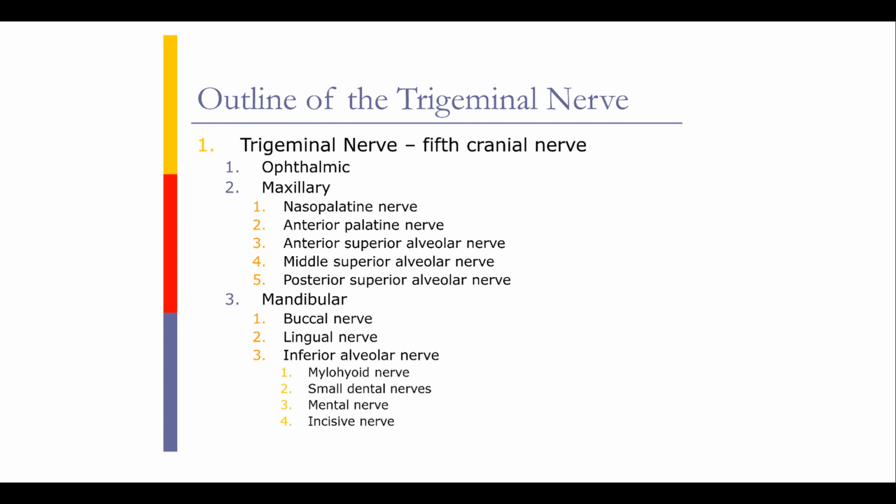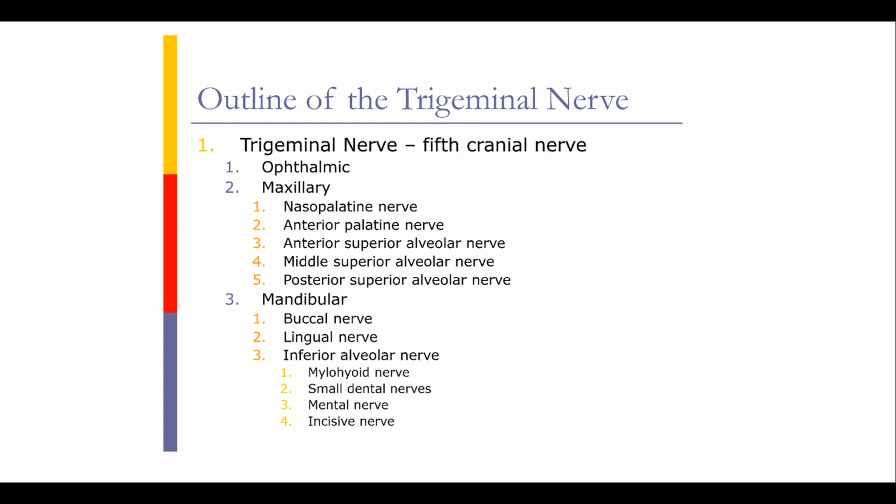Off of the trigeminal nerve, there are 3 main branches: the ophthalmic that goes to the eyes, nose, and forehead, and that's the only thing we need to know about that one. The maxillary that has 5 divisions, 2 that go to the roof of the mouth and 3 that go to the teeth. The 2 that go to the roof of the mouth, the nasopalatine and anterior palatine, and the 3 that go to the teeth, which you already learned, anterior superior, middle superior, and posterior superior alveolar nerves.